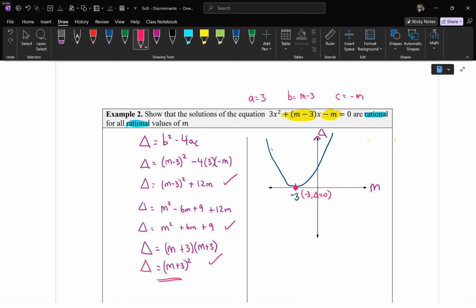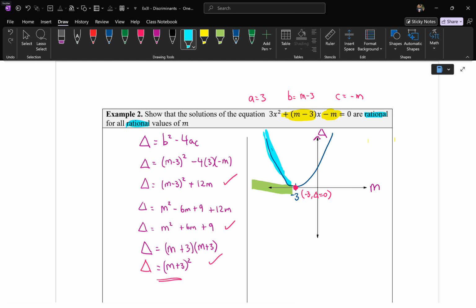Meaning if I subbed negative 3 into this equation, whatever this final equation is, it's only going to have one intercept. But then notice that if I chose any numbers less than negative 3, the graph is above the x-axis. So that part of the graph is your discriminant.